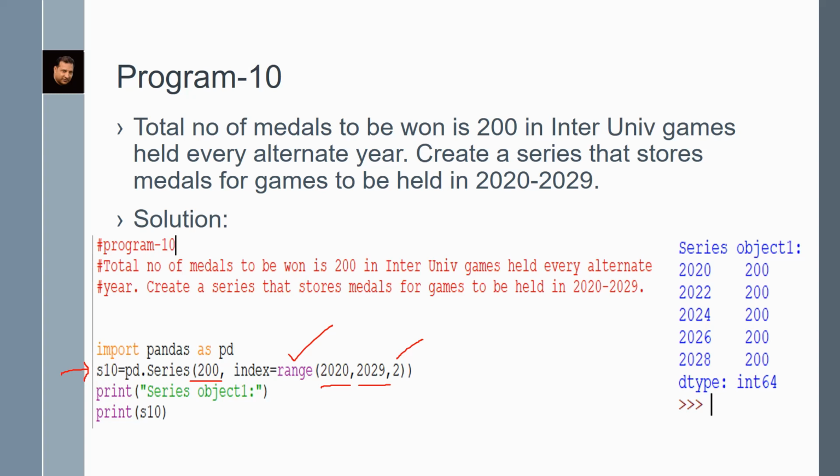So S10 is that series. If you display it, this will be your output. See 2020 200, 2022 200, 2024 200, 2026 200 and 2028 200, and the last value will be 2030, but it is not less than the range end, that is why this will be the last one.